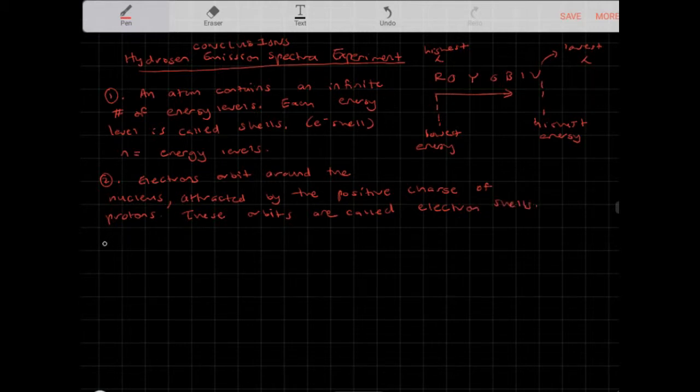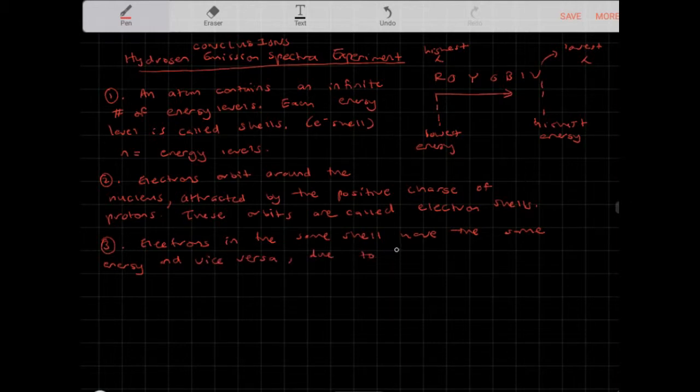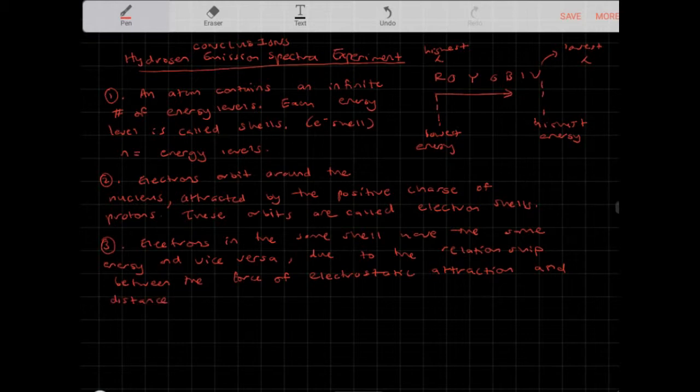Bohr also stated that electrons in the same shell have the same energy, and vice versa, due to the relationship between the force of electrostatic attraction and distance, specifically the separation distance.